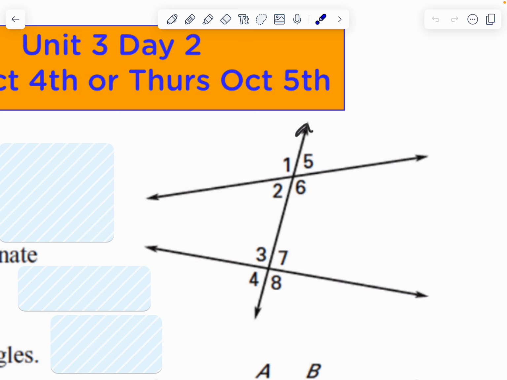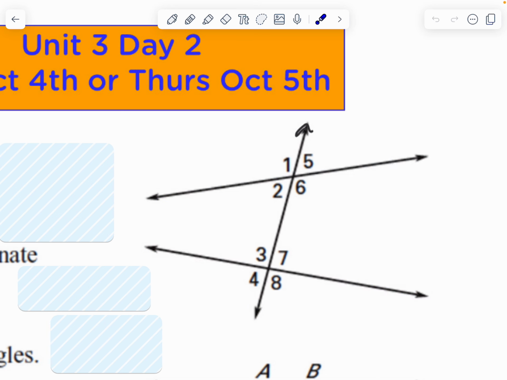Angle 5 and angle 7, both of the top right angles. Angle 2 and angle 4, both bottom left angles. Angle 6 and angle 8, both of the bottom right angles. Those are our pairs of corresponding angles. Corresponding angles have corresponding position.